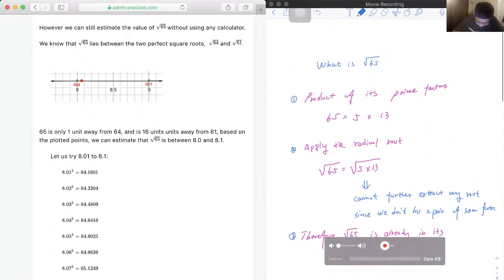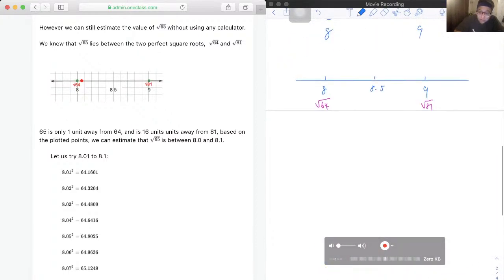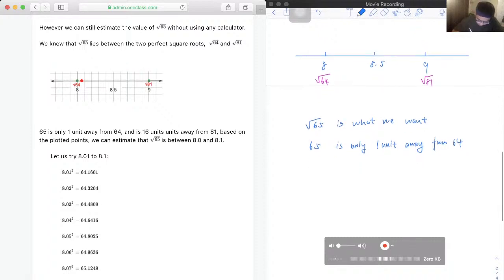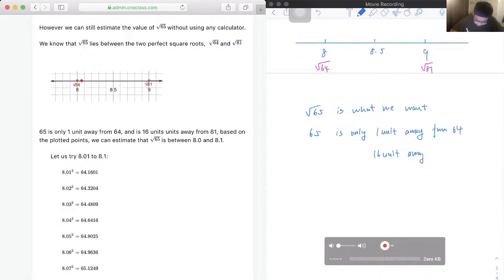Root 65 is just 1 unit away from 64 and 16 units away from 81.